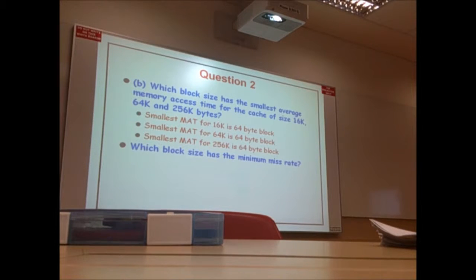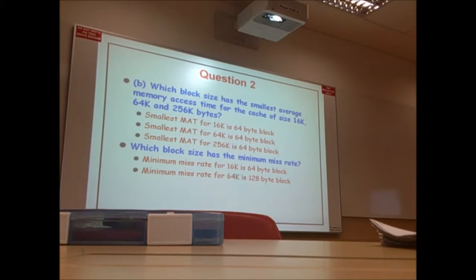What about the minimum miss rate? Sorry. So for a cache of size 16K, which has the minimum miss rate? 64 again. What about 64K cache size? 128.